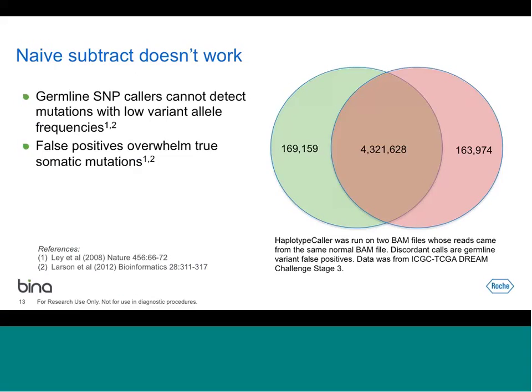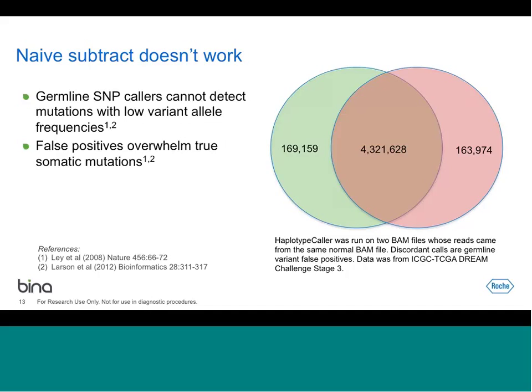So I'll talk about the DREAM Challenge and how the data is generated. Basically, they would take a BAM file with realignments of a high coverage, let's say 60x, and then randomly split the reads into two smaller files, two groups of files. One is designated the normal, and the other one is designated the tumor.